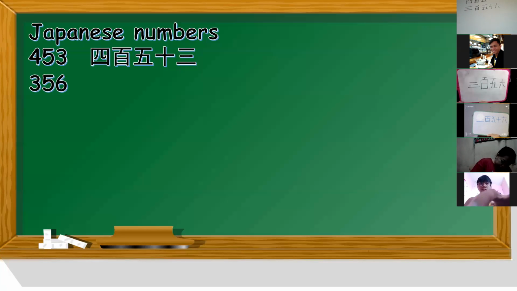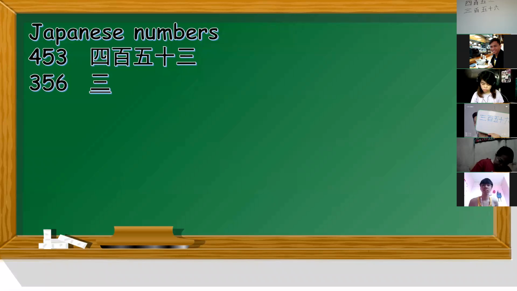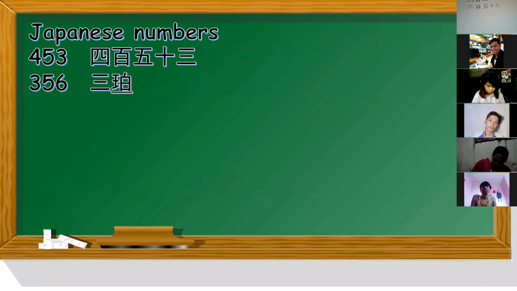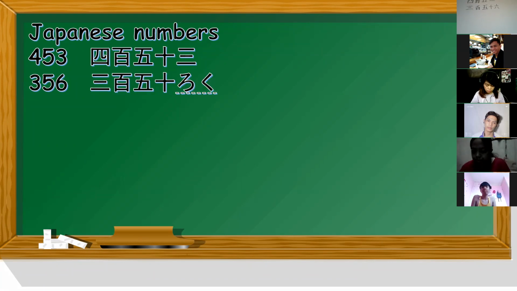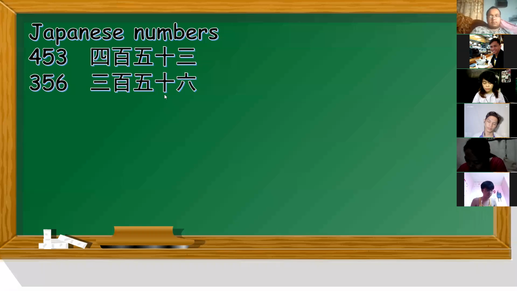Jerry. Okay, Sambyaku. Kulang pa. 56, 50. 50 should have. San, 3. Then Yaku. Then we have our Goju. No, this one. Goju-roku. So this one, 356.